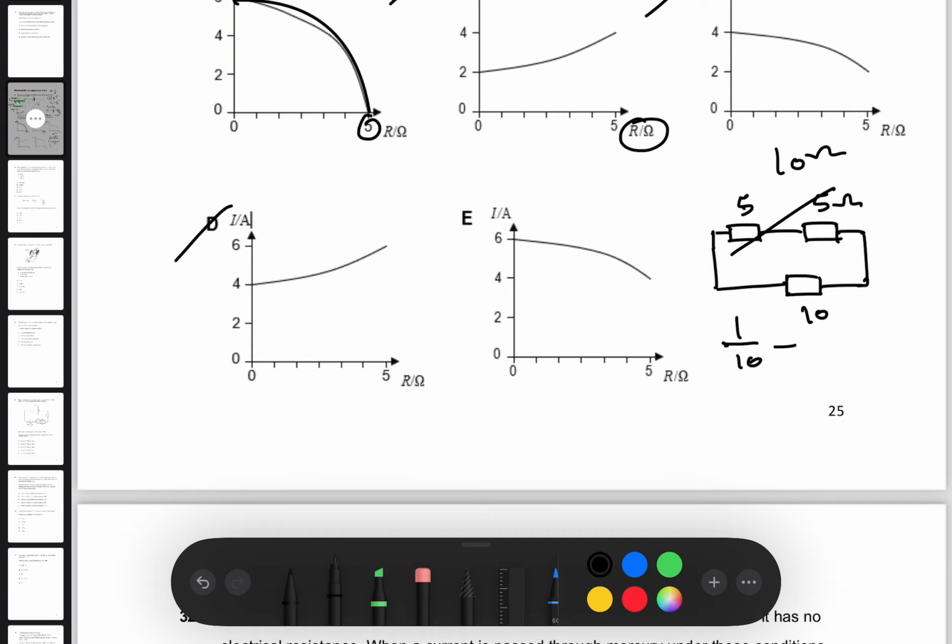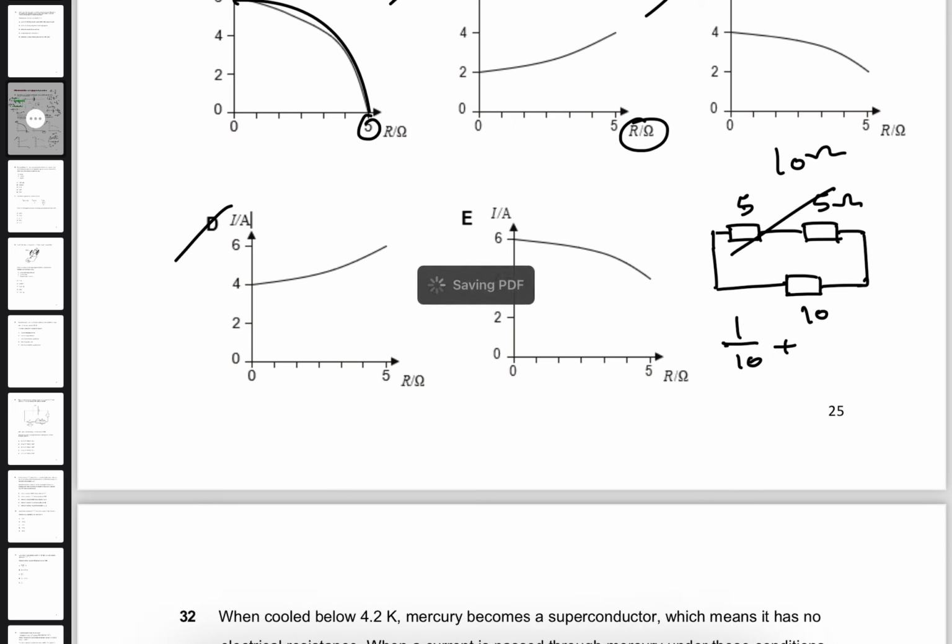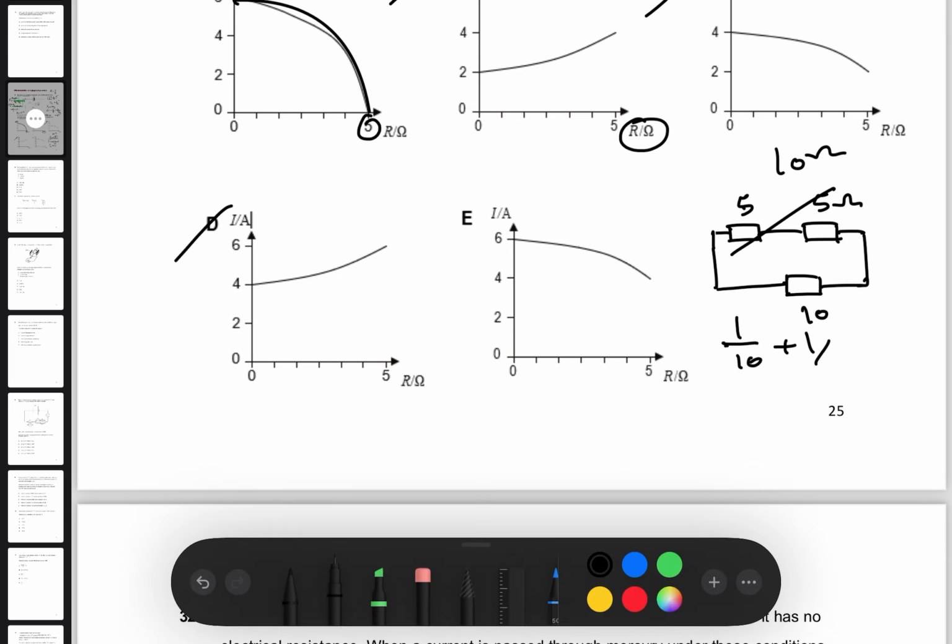So we can find their resistance by saying 1 over 10 plus 1 over 10 again, and that gives us 2 over 10. If we flip the answer, because this has a negative power, we're left with a total resistance of 5 ohms. Now, we do recall that the total voltage was 20, right?